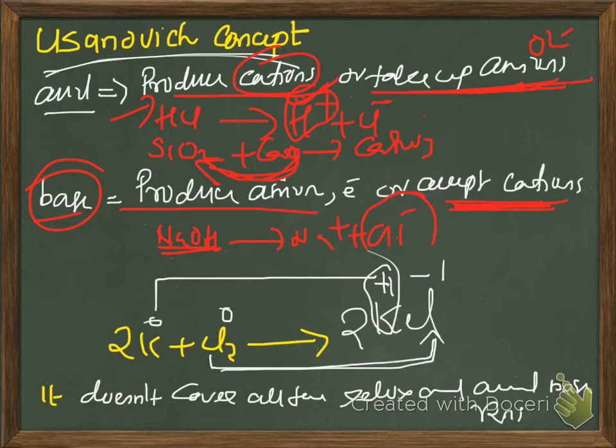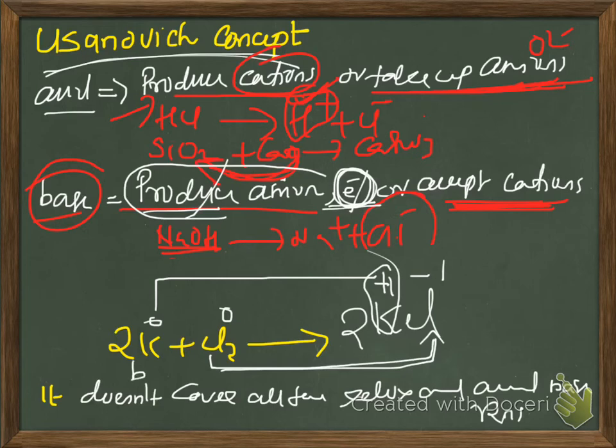Electron is a negatively charged species. So if a species donates an anion or produces an electron, electron producers are bases.